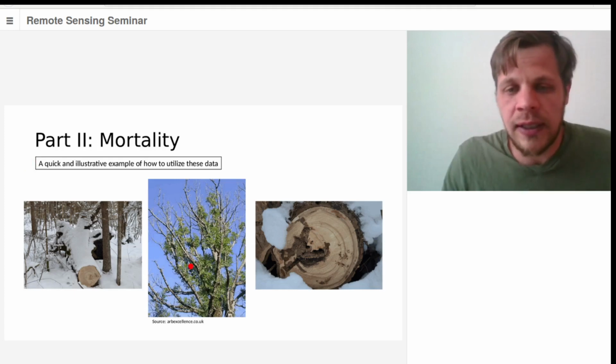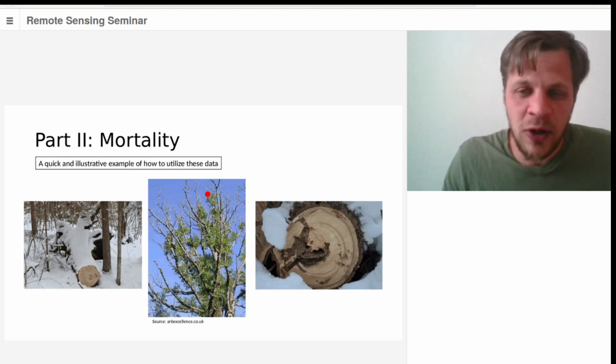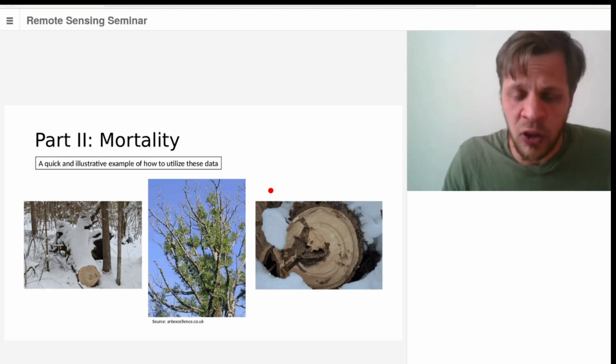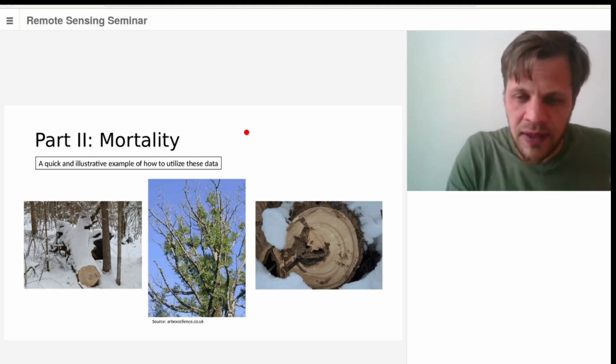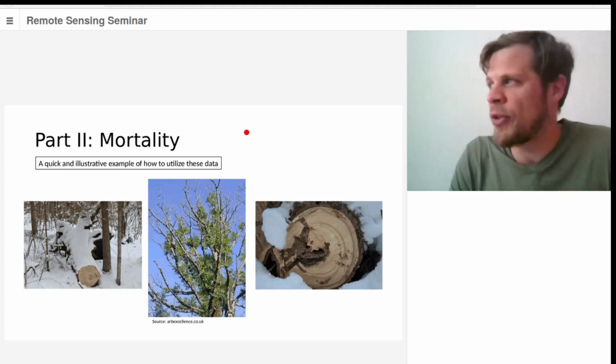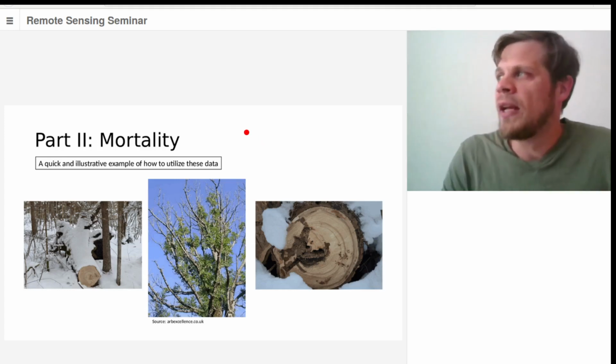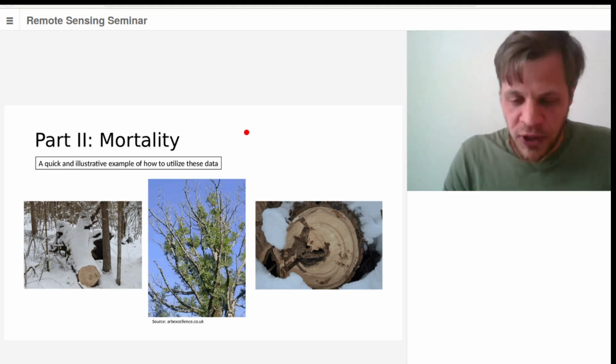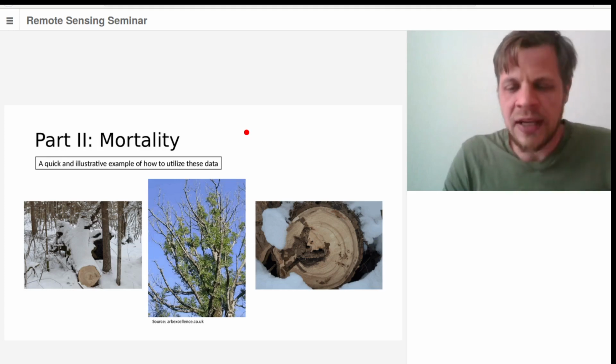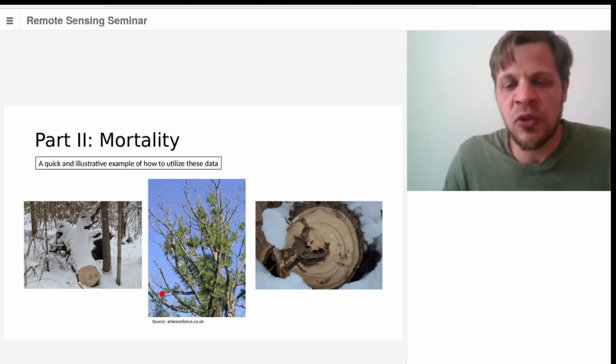The reason why we analyzed this tree species is that, as I said in the beginning, we are dealing with drought in our project, not so much with fungi. We realized that we need to exclude ash from this data because most of the mortality in ash is not related to climate, it's related to the fungi.